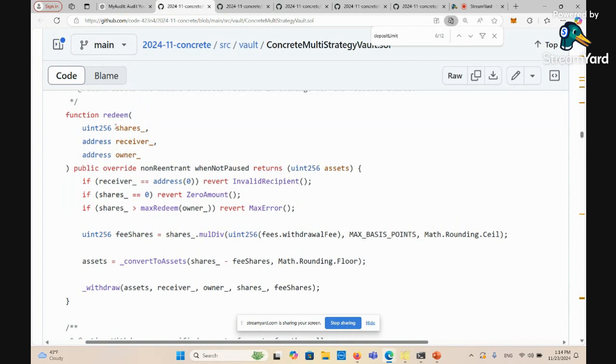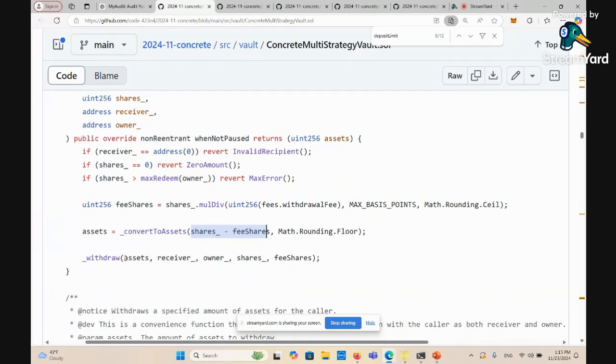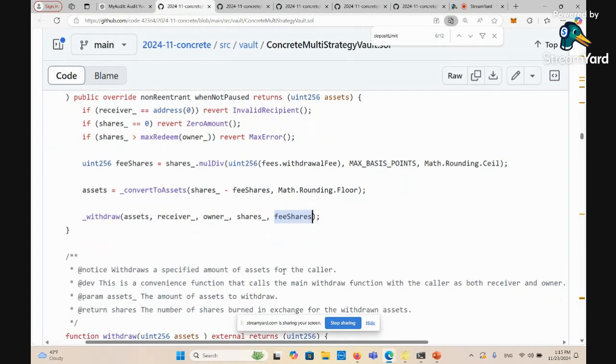You redeem so many shares, but you're actually not going to get so many shares. So this is the fee shares over here. For the number of shares you really receive, we convert to asset, and then we call withdraw asset. This simply says you're going to burn so many shares, but you only get this amount of asset, which corresponds to this. And then you have to mint this number of shares to the fee collector.